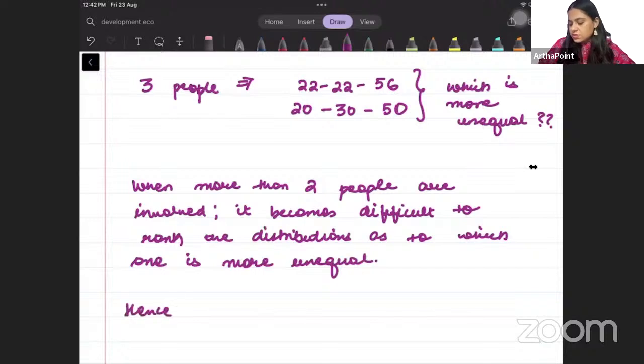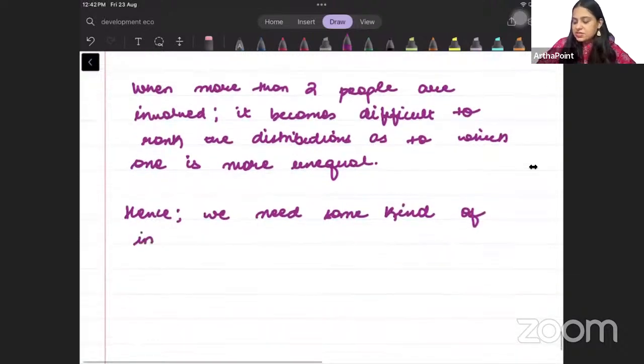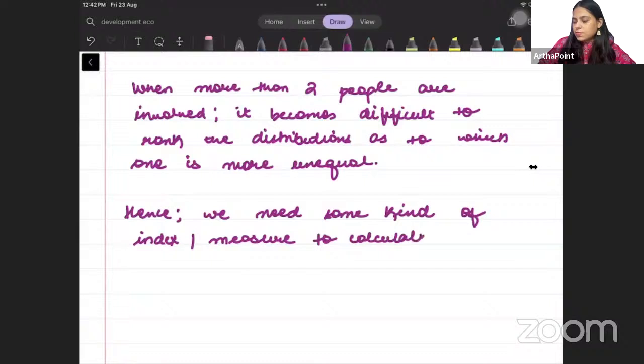Hence, we need some kind of index or measure to calculate inequality. I need some measure to understand how much inequality there is.